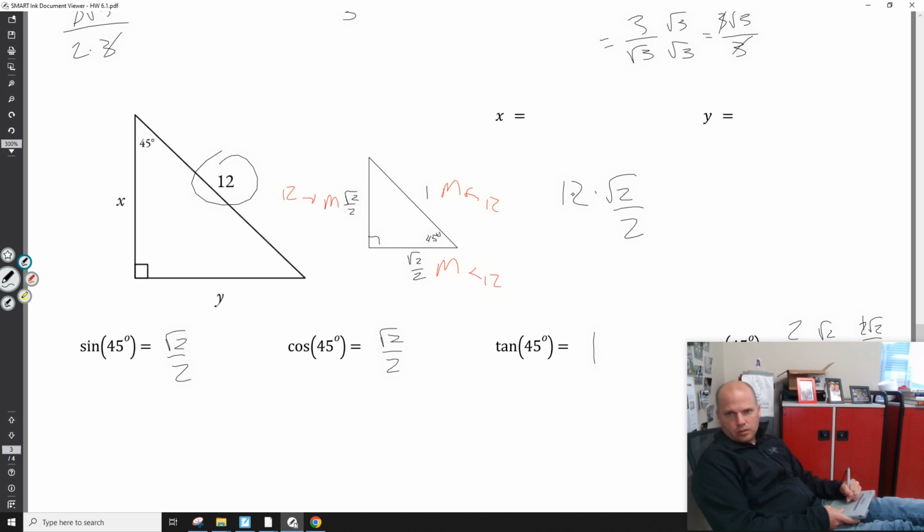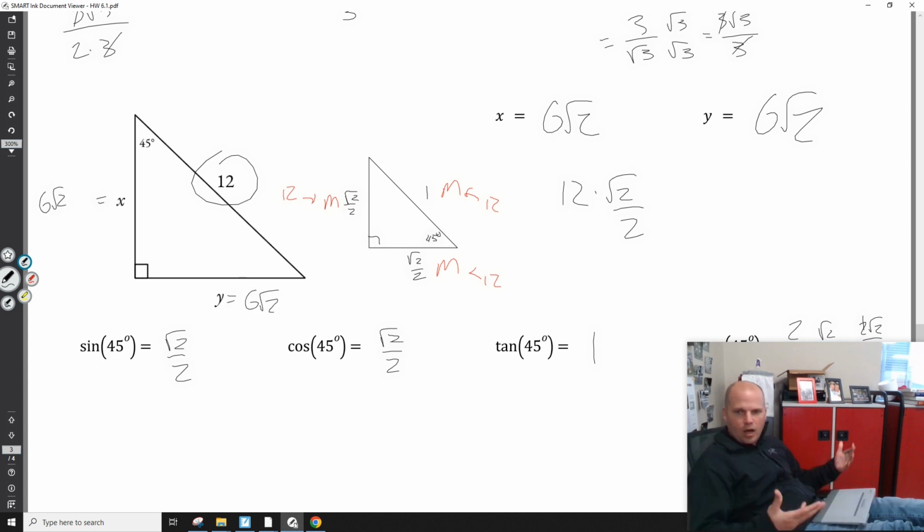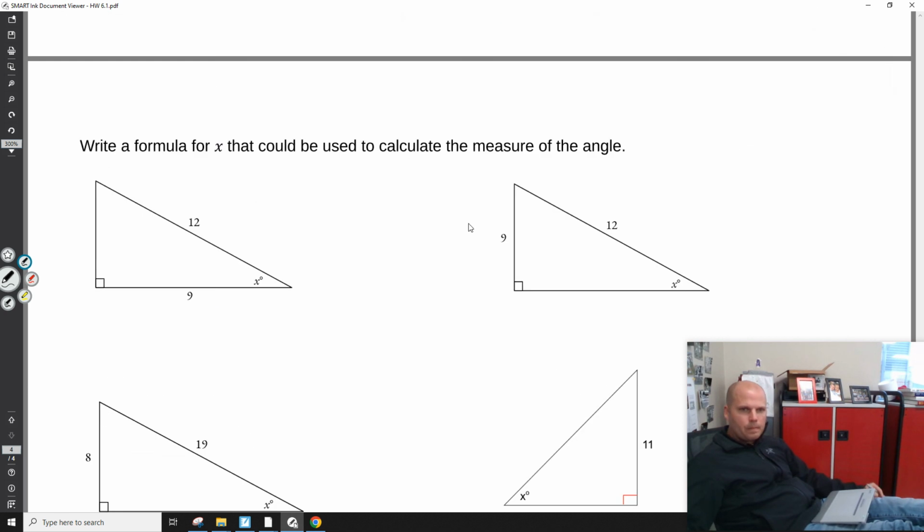This is 12 root 2 over 2. Divide the top and bottom by 2. 6 root 2. Do all of the work that we just did with 6 root 2, 6 root 2, and 12. You will get the same ratios as root 2 over 2, root 2 over 2. Cool.